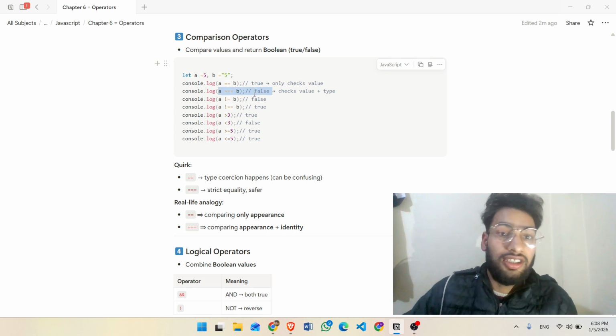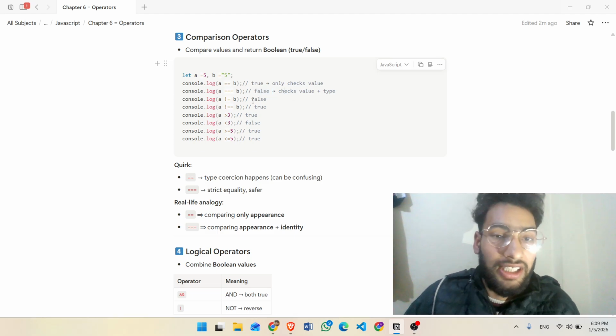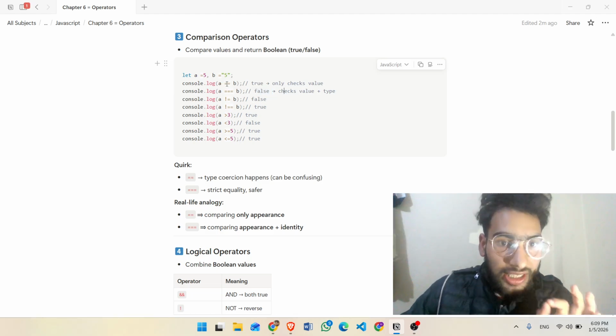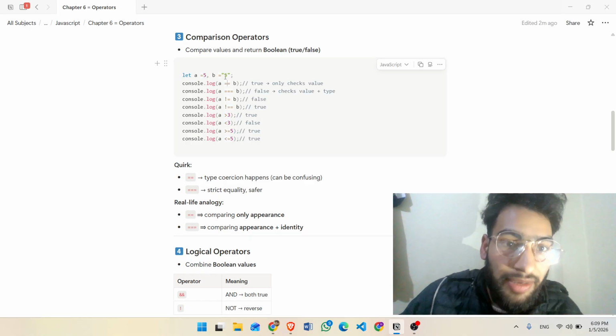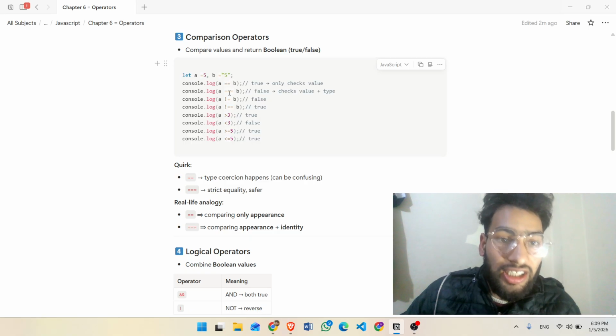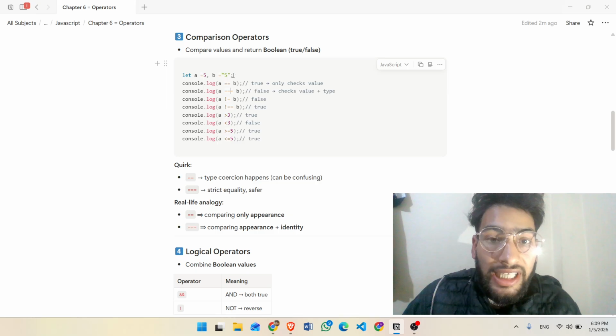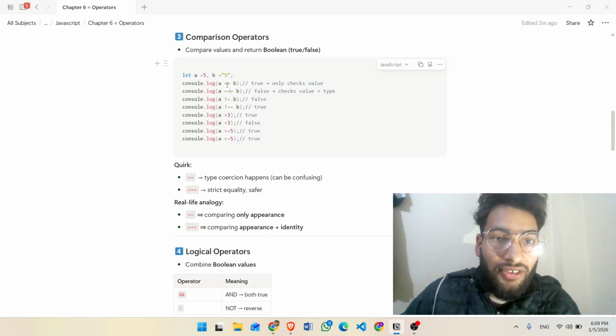How? Wait, I am telling you how it is happening. Here it only checks the value of a and b, but if we use triple equals, it checks both the value and the type of the variable.